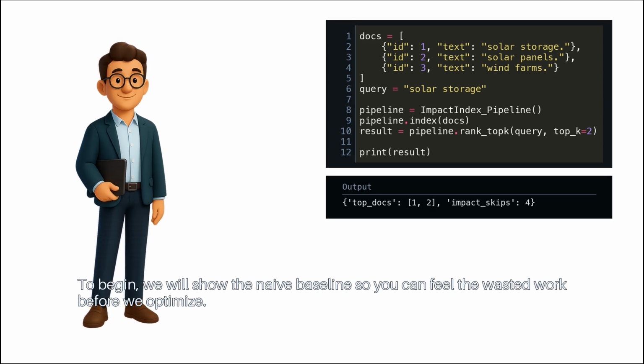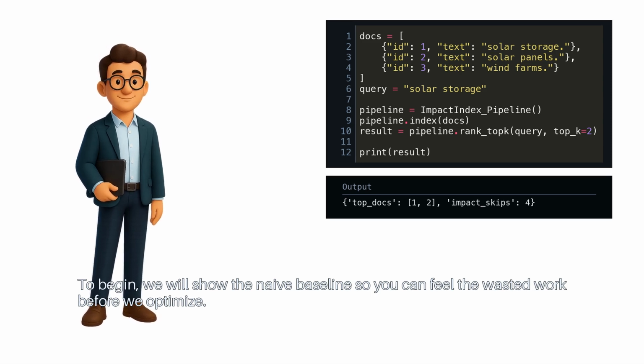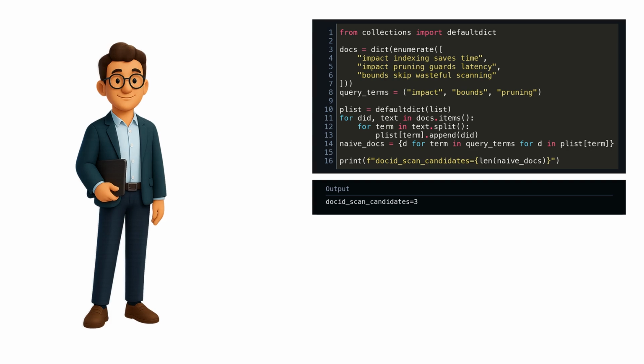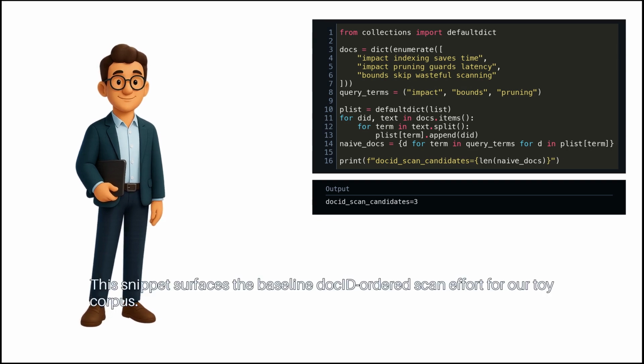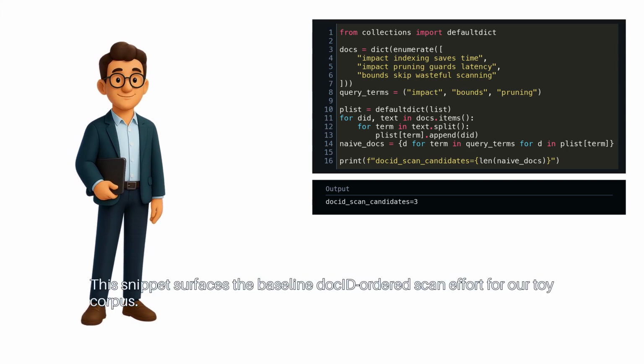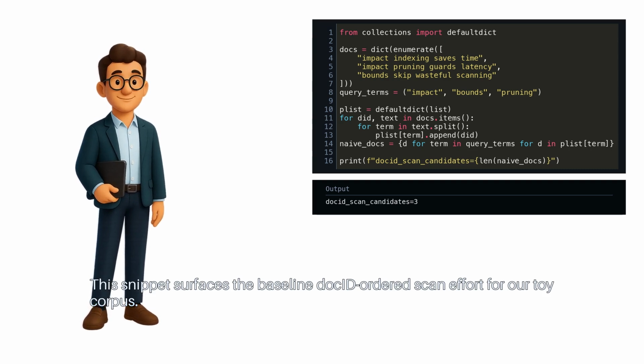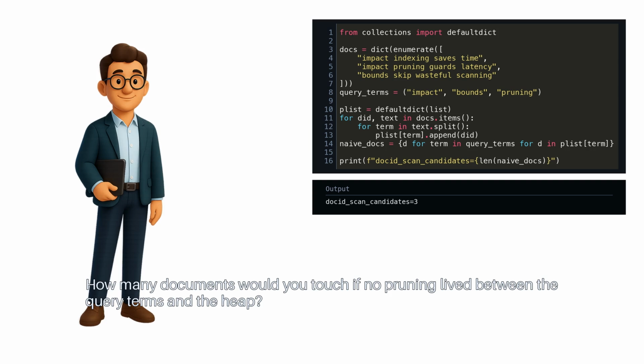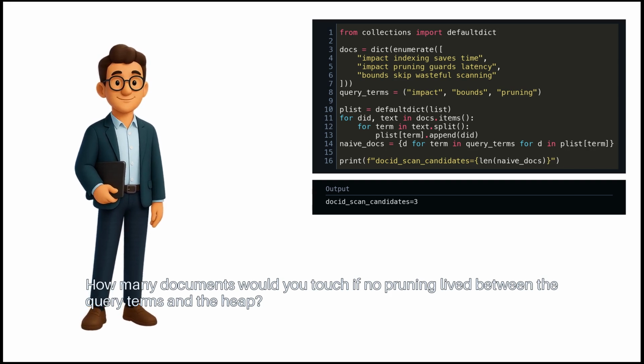To begin, we will show the naive baseline so you can feel the wasted work before we optimize. This snippet surfaces the baseline doc ID ordered scan effort for our toy corpus. How many documents would you touch if no pruning lived between the query terms and the heap?